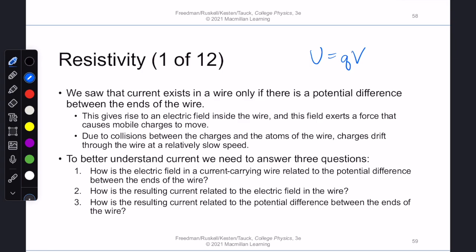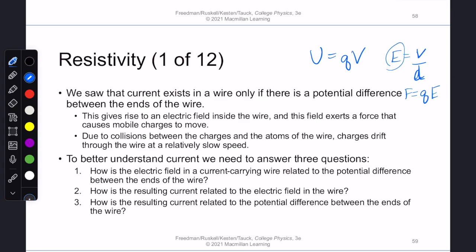We also know that this potential V that we apply will create an electric field E. So if we apply a potential over a certain distance D, an electric field is created. And thinking of it in terms of force, we know that the force that a particle Q feels in an electric field is QE.